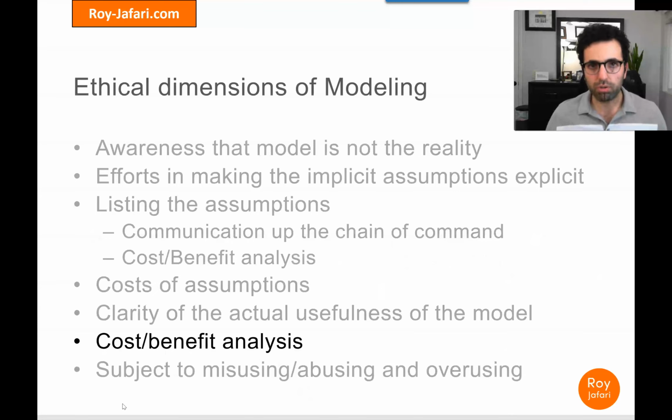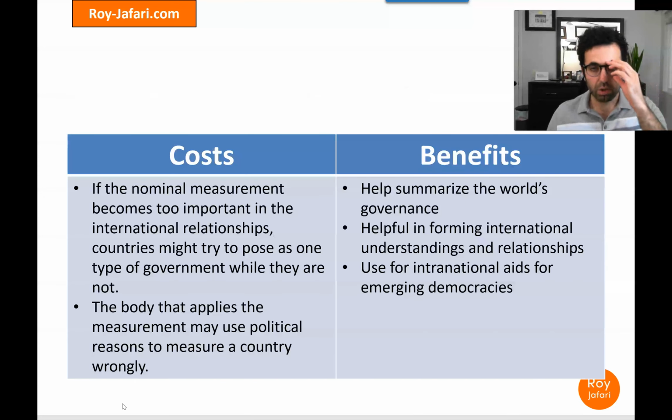And also, we want to make sure that we understand the benefits and the costs, so we can do a cost-benefit analysis. So the cost-benefit analysis could look something like this. The cost is, if we take this metric too seriously, one of these possibilities might become so important for countries to have that some countries might fake that they have this specific form of government, such as democracy.